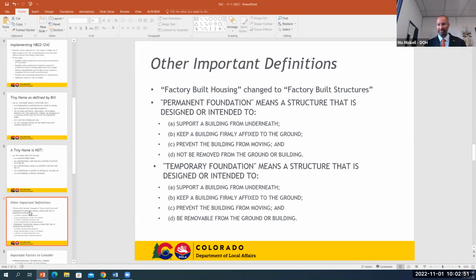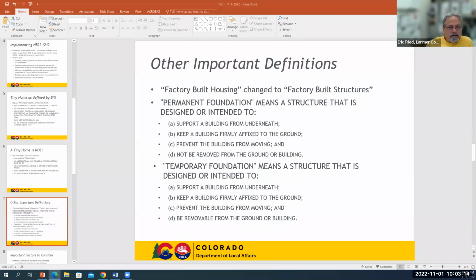But Eric, you want to speak to this? So I guess if there's a problem with that definition, I own that one. I was asking Mo in a different context where the definition was, because for instance, a modular home has to go on a permanent foundation and a manufactured home can go on a permanent or temporary one, depending on what you want.